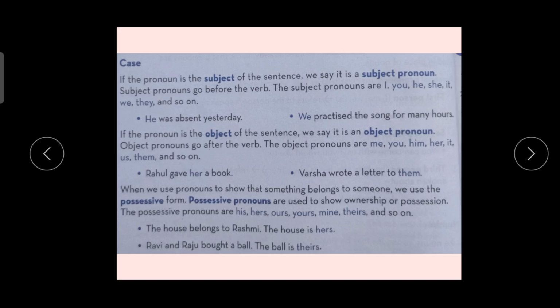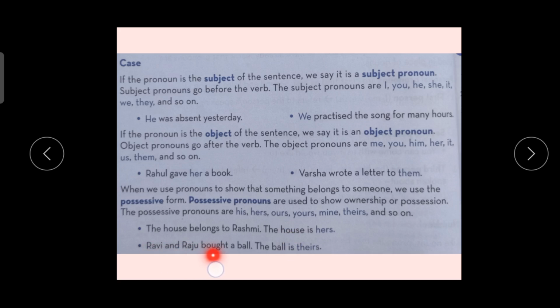For example, the house belongs to Rashmi. The same sentence can be written as the house is hers, because we are showing Rashmi's possession over the house. So, we have used the pronoun hers. Hers is showing Rashmi's possession over the house.